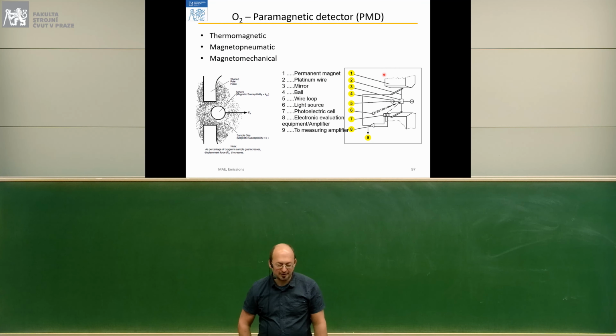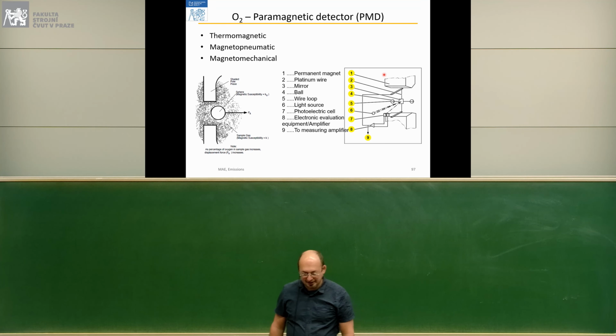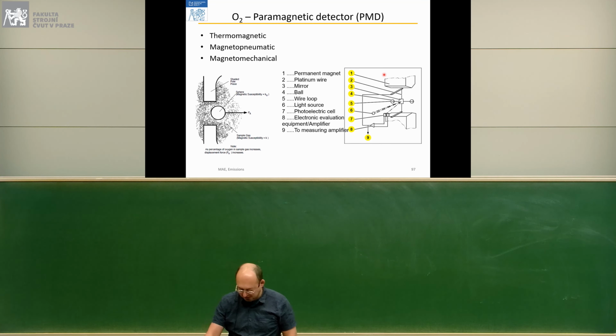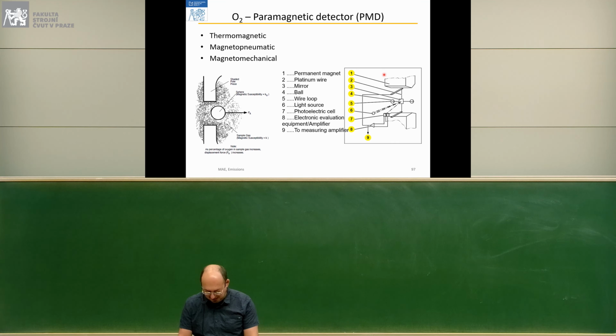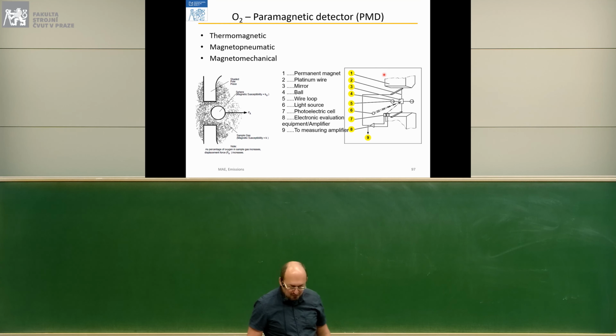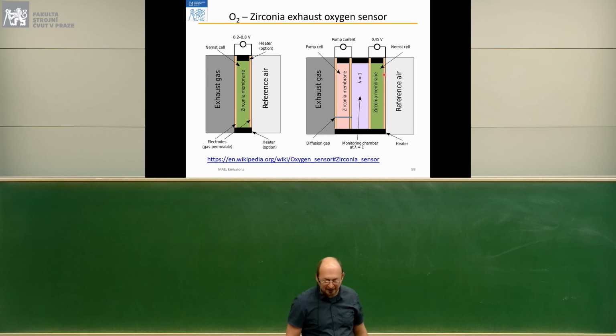The traditional paramagnetic detectors use paramagnetic properties of oxygen, which are temperature dependent. Oxygen can be magnetic under certain temperatures, and you measure the magnetic field created by the oxygen through a fairly sensitive instrument. We will not ask you for details of the measurement. It's fairly complicated.